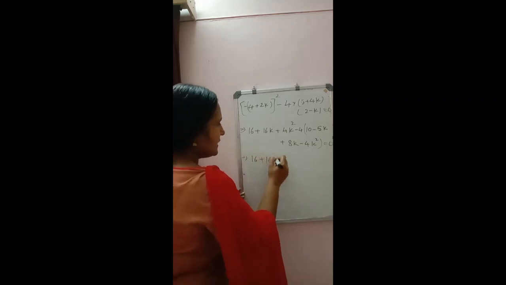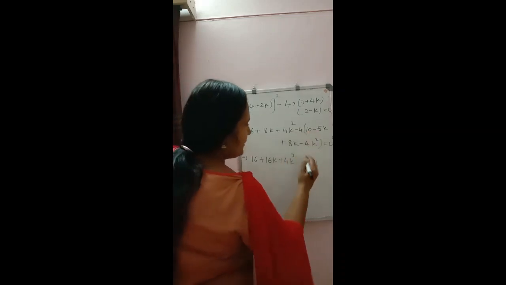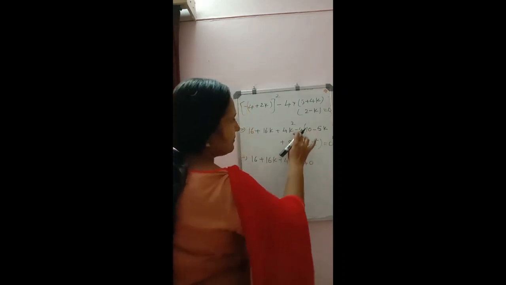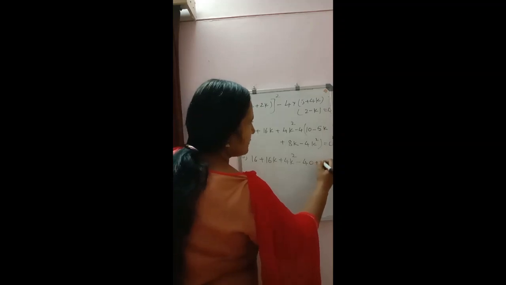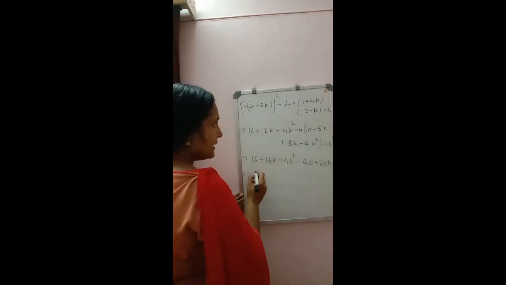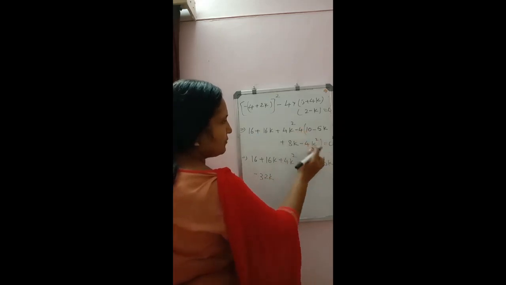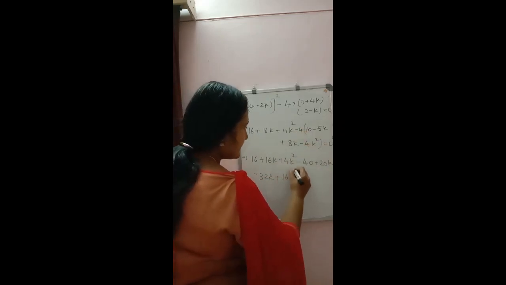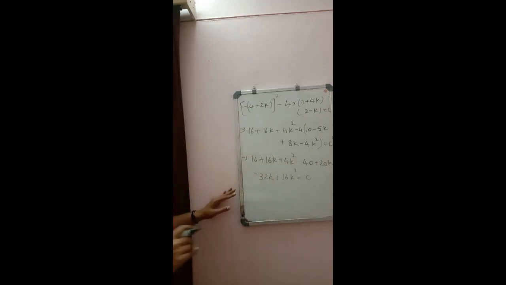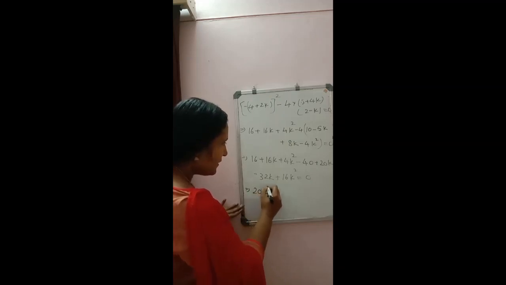16 plus 16k plus 4k square minus 4 into 10 will be equal to minus 40, minus 4 into minus 5k will be equal to plus 20k, minus 4 will get multiplied by 8k, so that will be equal to minus 32k, minus 4 into minus 4k square will be equal to plus 16k square is equal to 0. Now addition or subtraction you can check. We'll have 16k square plus 4k square is equal to 20k square.